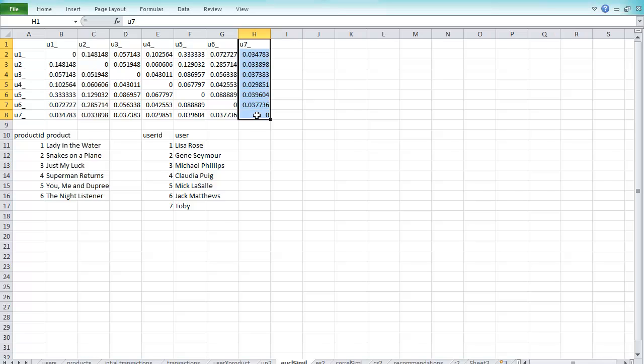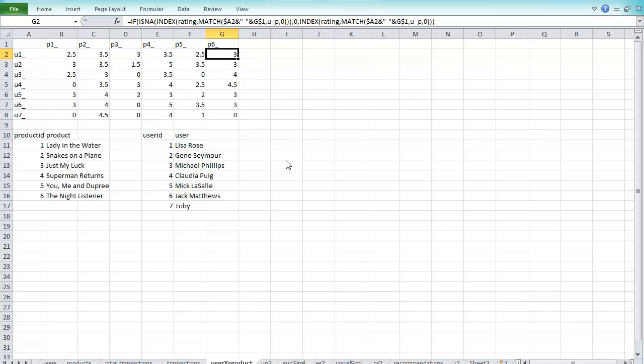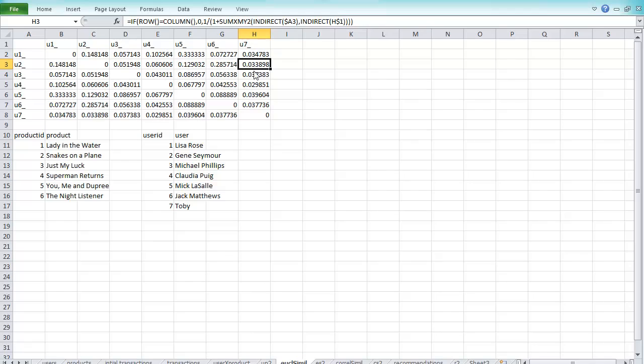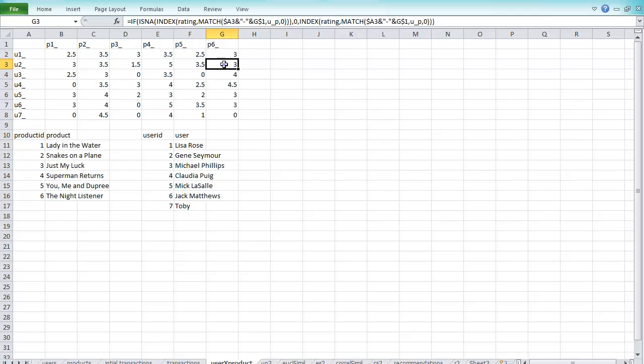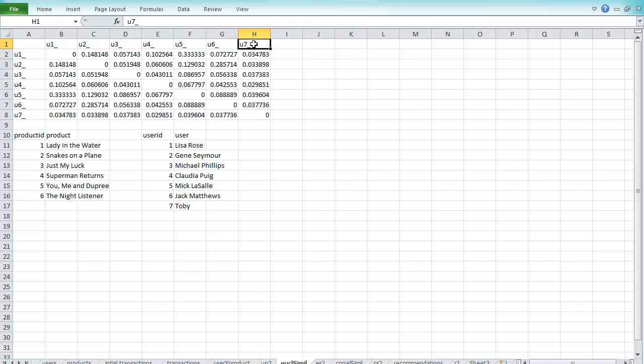And now we start multiplying them one by one. So we'll take the 0.034 and multiply by 3. Then we'll take the next Euclidean similarity, 0.33, and multiply it by 3. This way, we'll take each rating into account as much as similar it is to the focal user Toby. These similarities are rather small, but the biggest similarity that there could be would be almost ones.